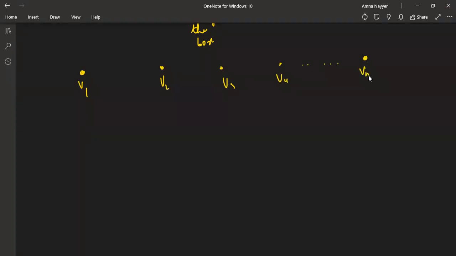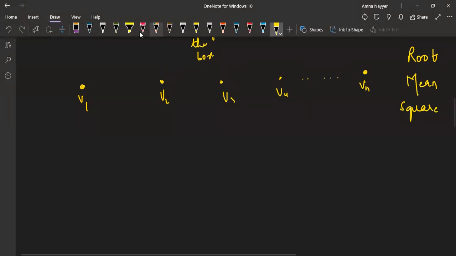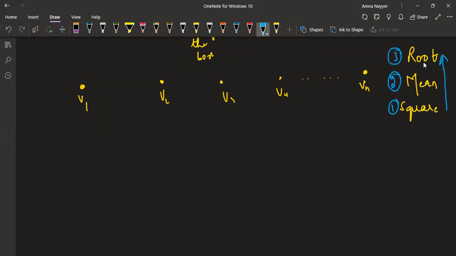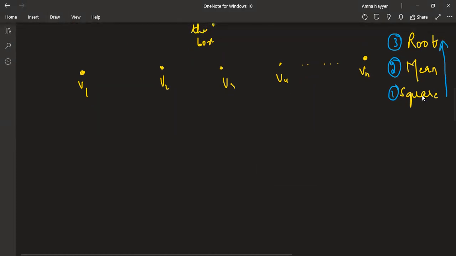All these are velocities. What is written? Root mean square. It is written in this order: first root, then mean, then square. But what you have to do, for you it will be first squaring, then you will take out the mean, and at the last you will put the root. Go in this manner, then only you will be able to find the answer.